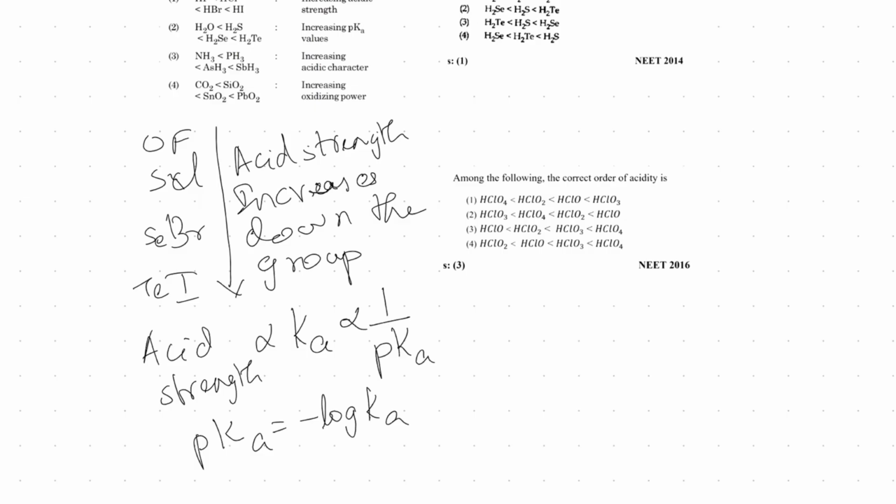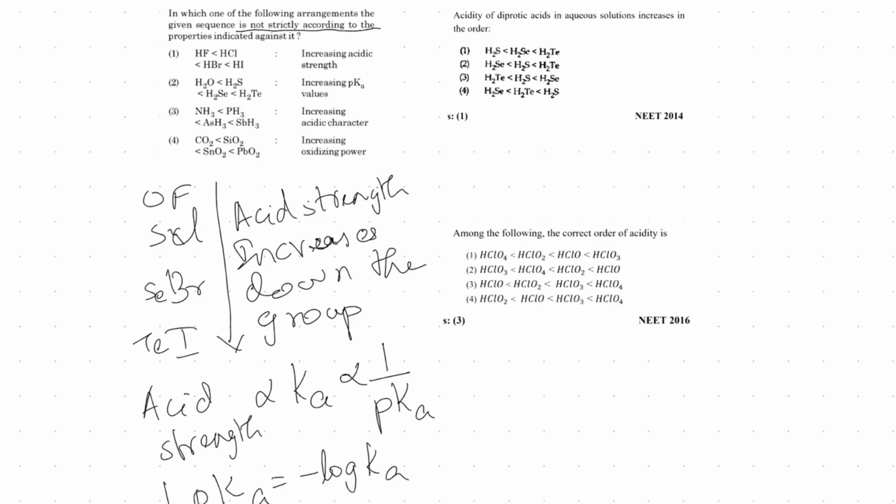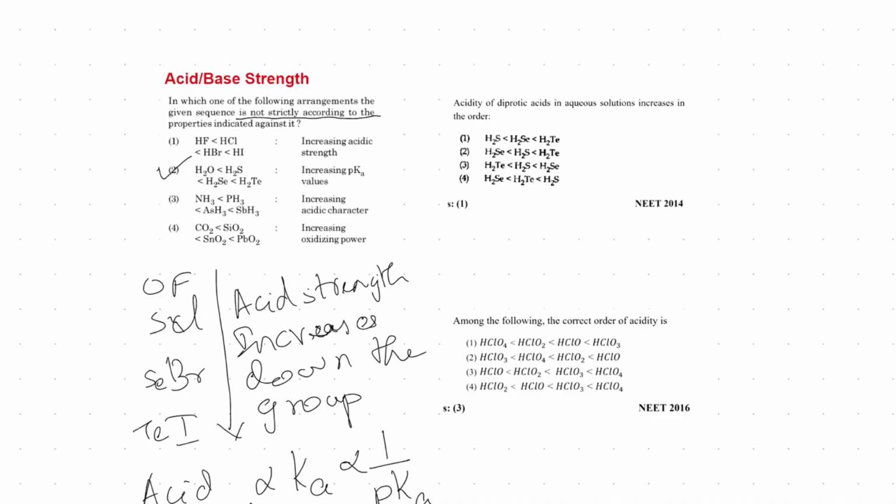So pKa value should decrease down the group. So the statement given in the second option is wrong. That is the correct answer for this question. You need not look at the third and fourth options because here itself we got the answer. So the second option is the correct answer for this question.